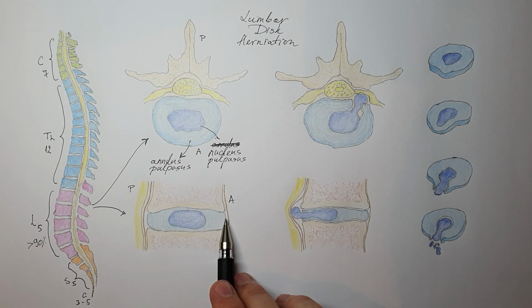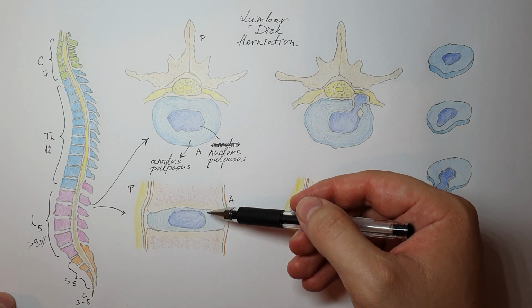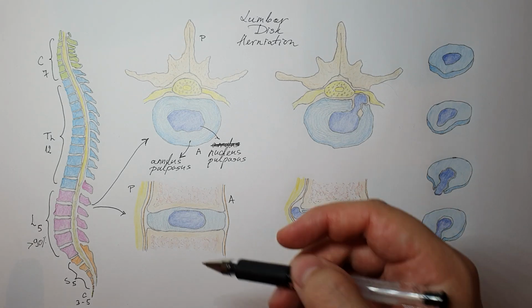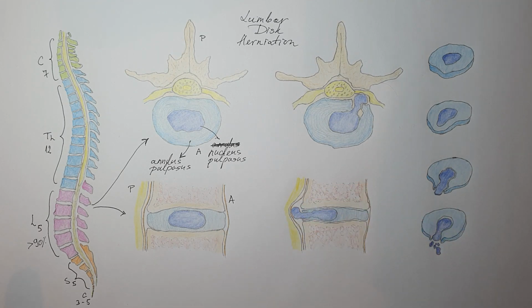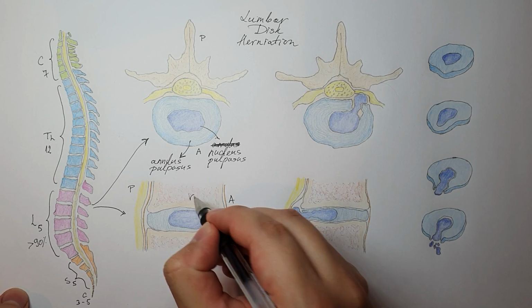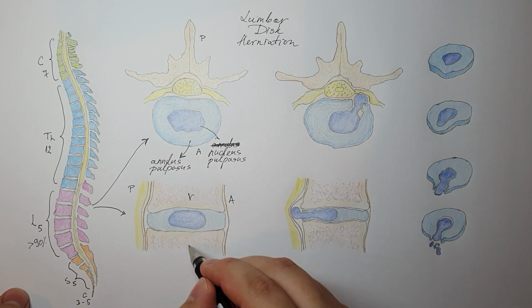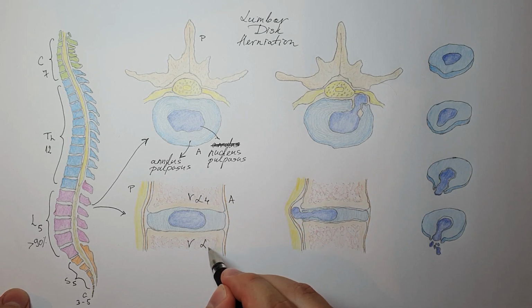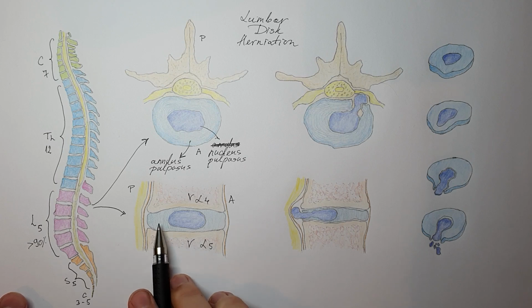If we look here, the nucleus has a central part, and around it are these fibrous layers that compose this fibrous annulus. So basically this annulus enables these vertebrae to have some movement between them, and also it is an important shock absorber. Normally it sits centrally between 2 vertebrae. So this is one vertebra, this is another, for example L4 and L5, and there is an intervertebral disc between them.